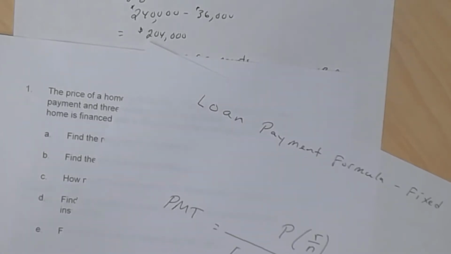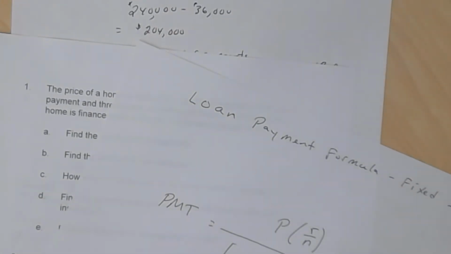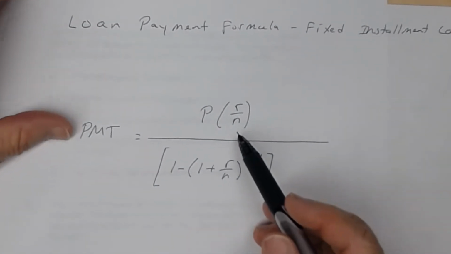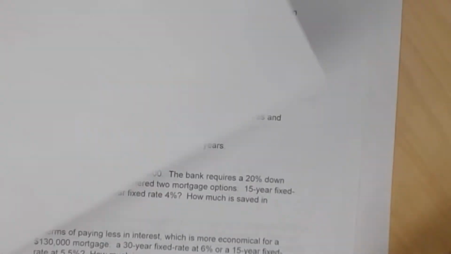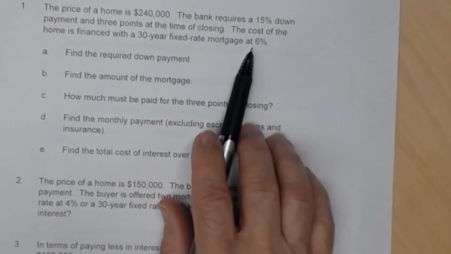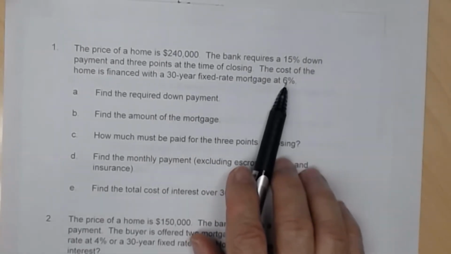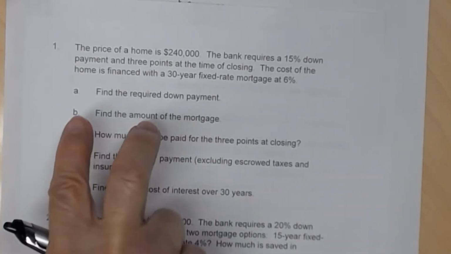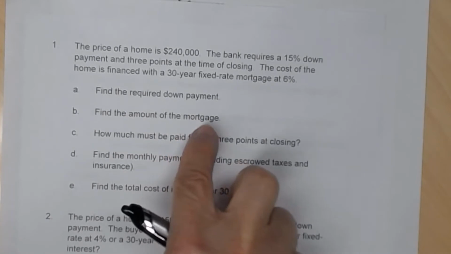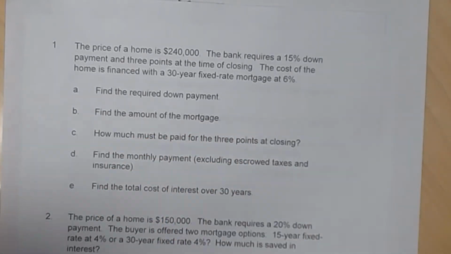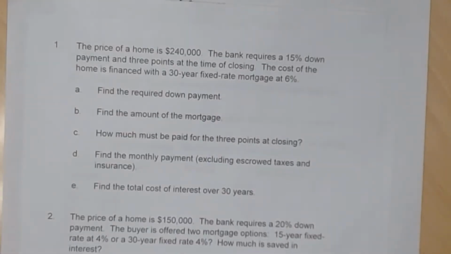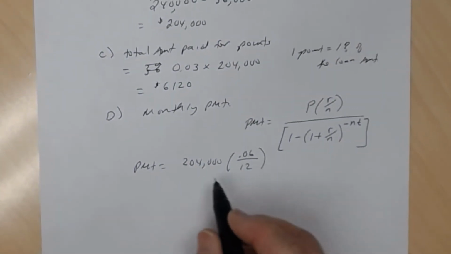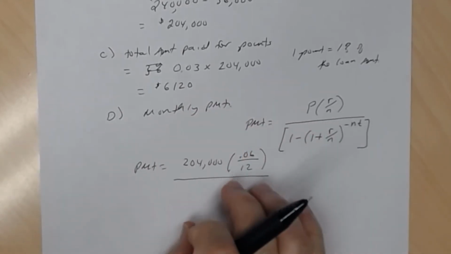N in this case is going to be 12, because the percentage rate is 6% per year, and you need to keep in mind how many times you're paying a year. You're paying each month, right? How many months are there in a year? There are 12. So N here will be 12.